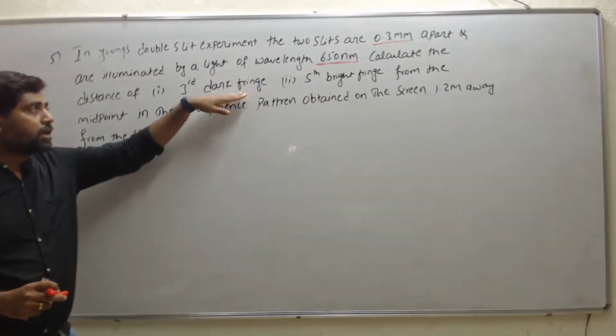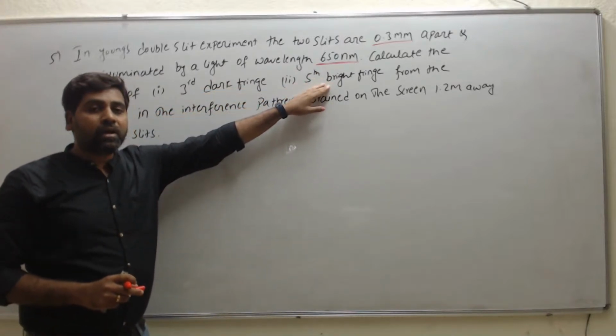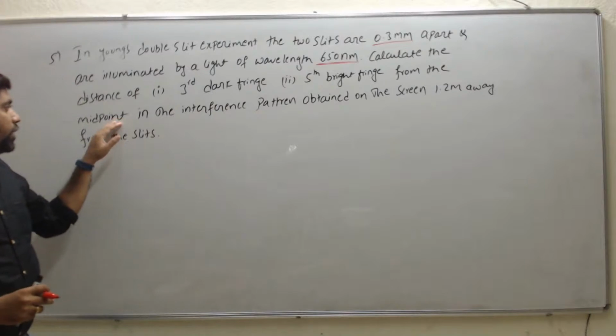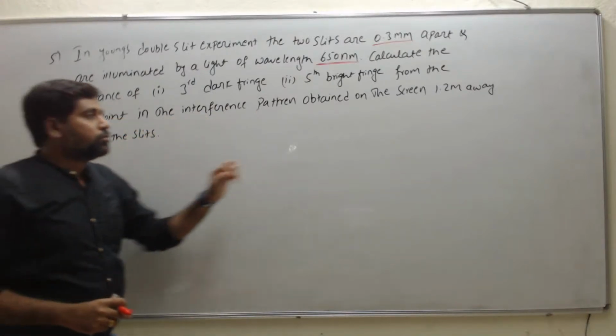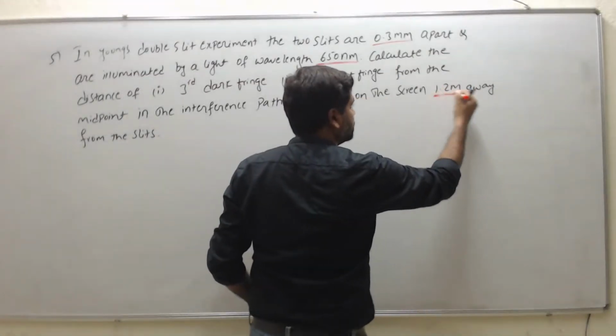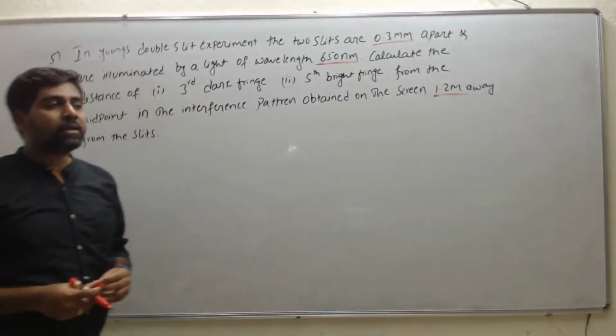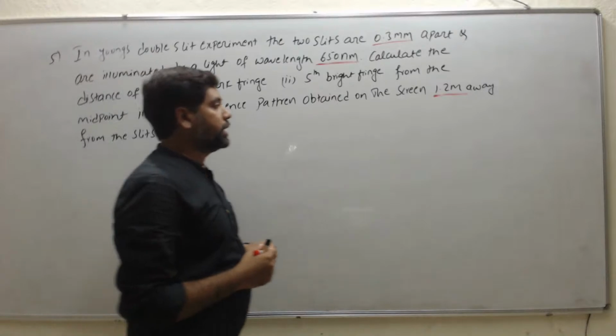So one we have to calculate is the dark fringe and another one is the bright fringe, from the midpoint in the interference pattern obtained on the screen, so the screen is 1.2 meter away from the slits, that is capital D given, 1.2 meter.